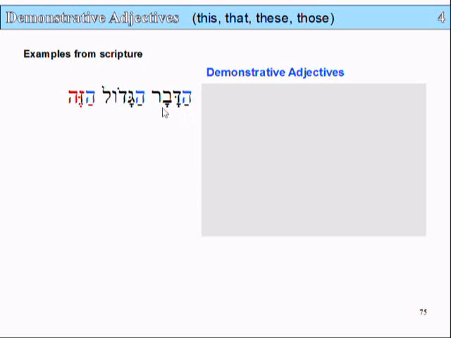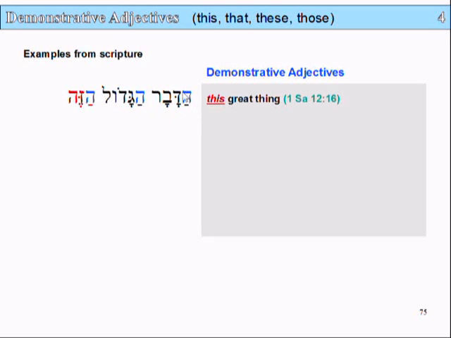So hadavar, hagadol, hazeh, the thing or the word, the great, this great word or this great thing, depending on context. And in this context, it's this great thing. 1 Samuel 12:16. Hadavar hagadol hazeh.